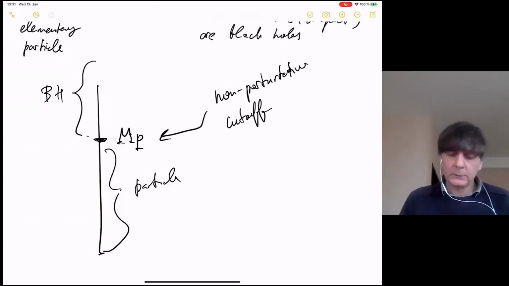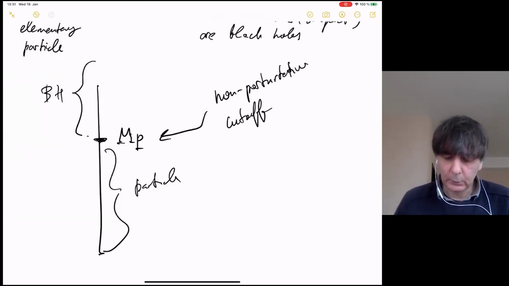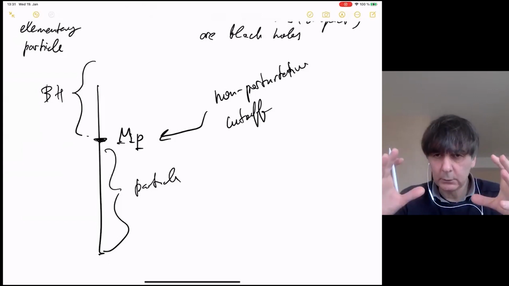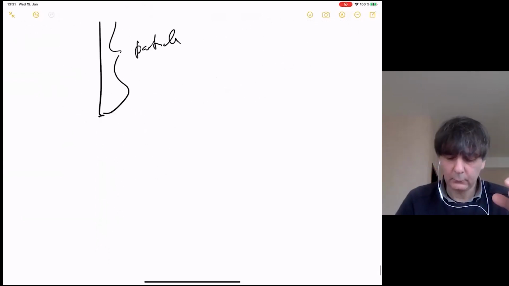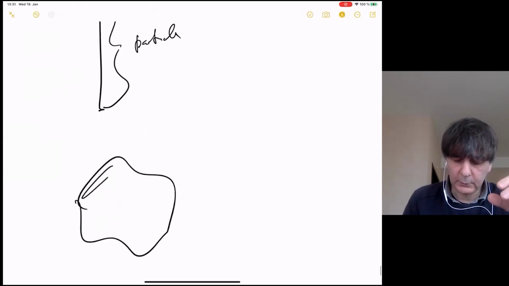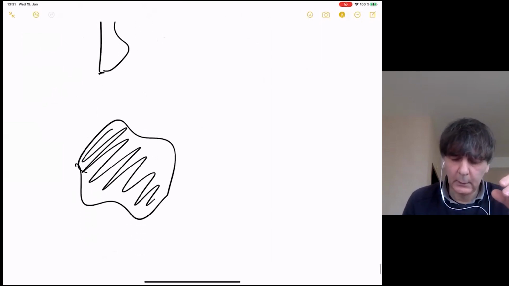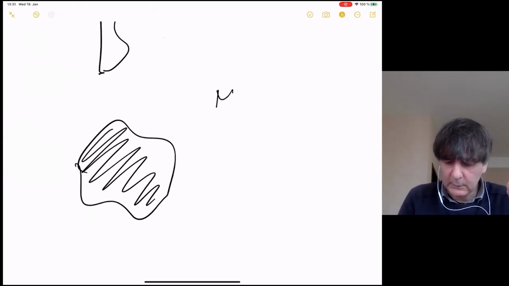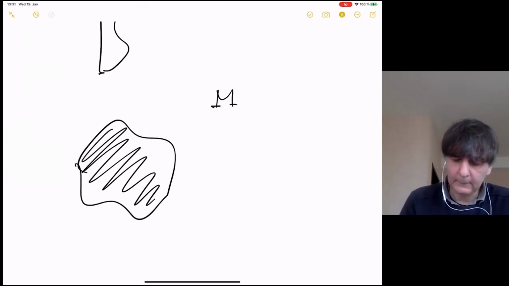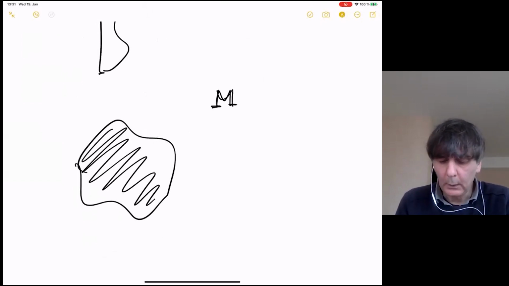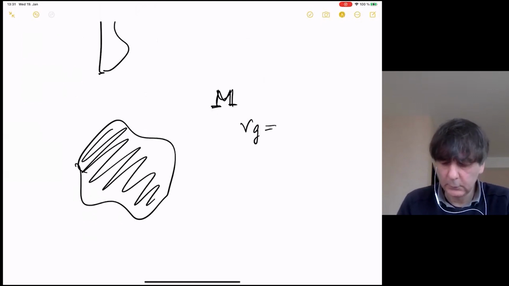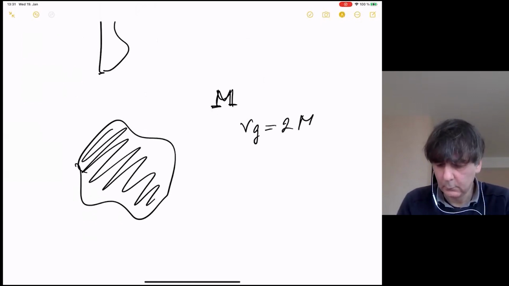Well, yeah, because again, let's reflect on this again. The gravitational radius of an object, right? So here's an object. This object has some mass m, and there's a corresponding gravitational radius given by twice m G Newton, but the 2 doesn't matter.